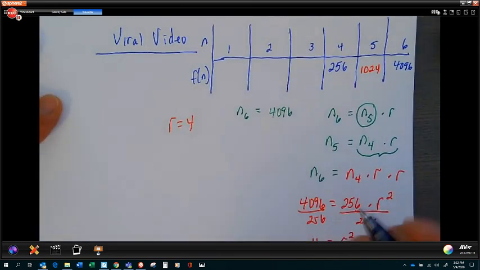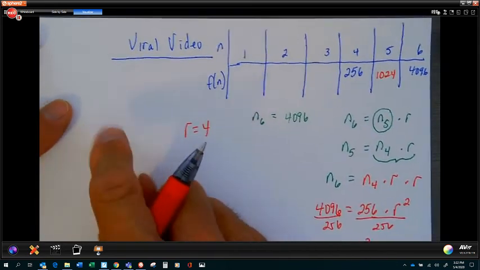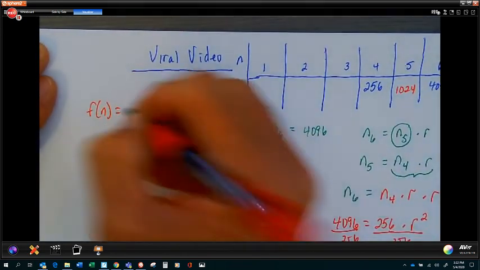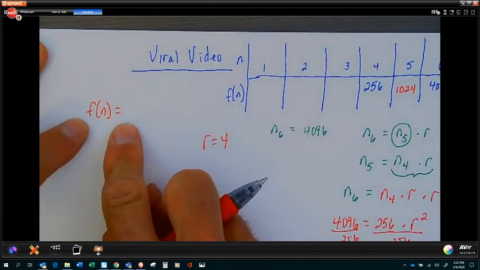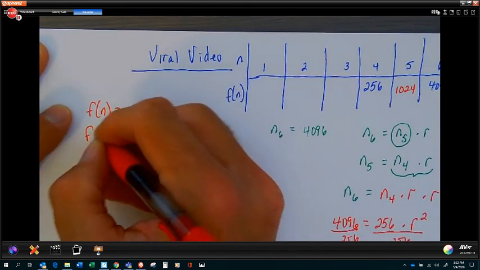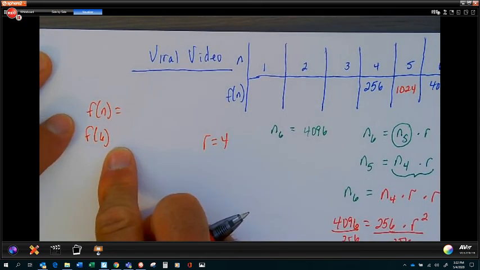So you can plug that into just the general explicit rule, which is f of n is equal to the first term, which we do not know, right? But we know the common ratio, and we know the 4th term.